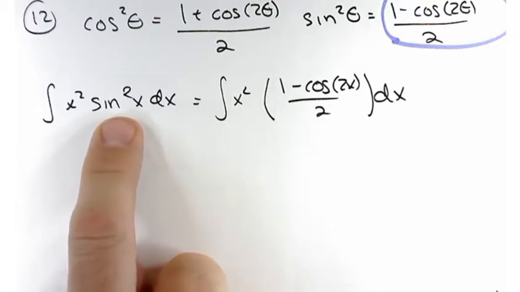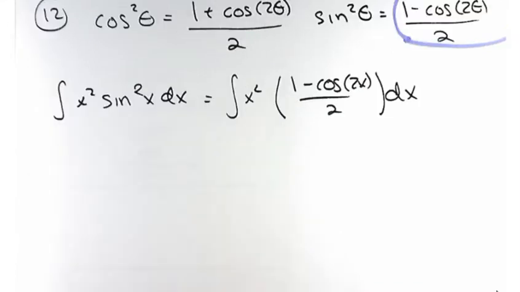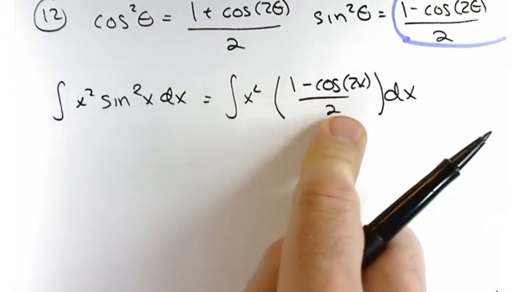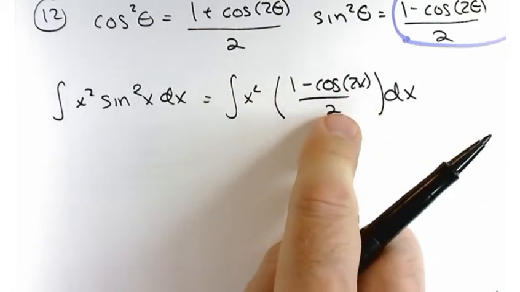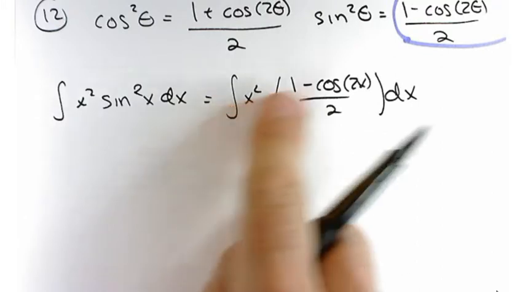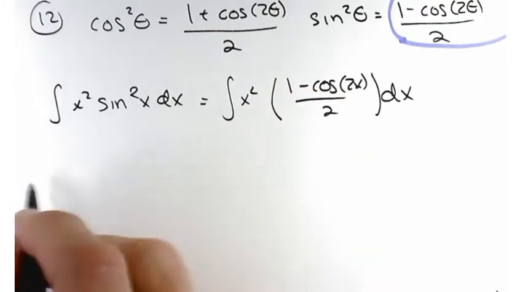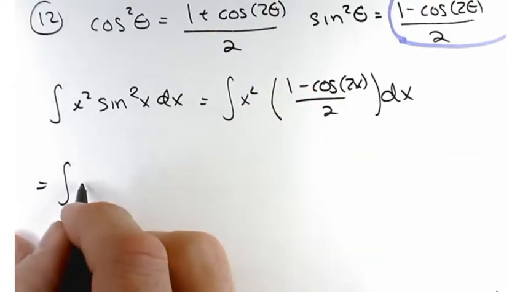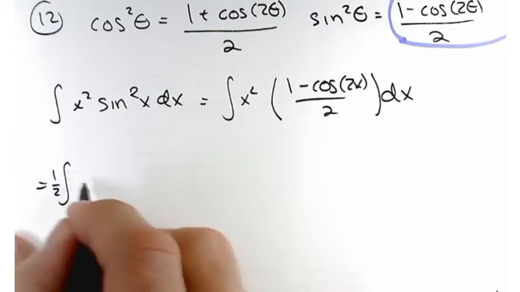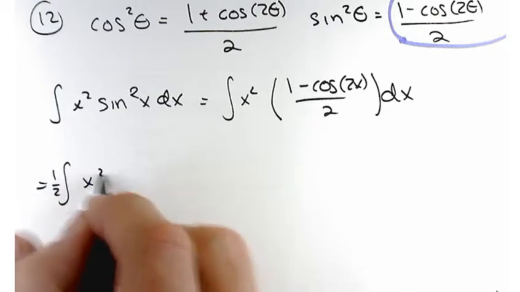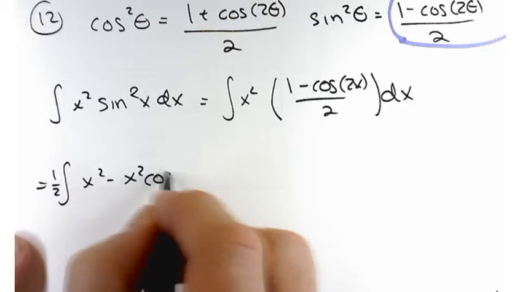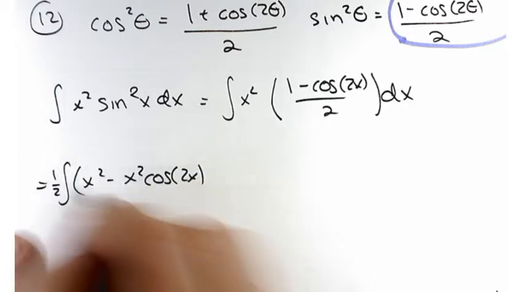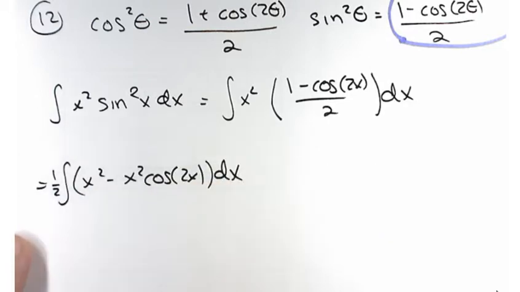We don't have an antiderivative for that off the top of our heads. But here, let me do this. I'm going to factor out the 1/2, and I'm going to distribute the x squared. So it's going to be the integral of x squared minus x squared cosine of 2x dx.